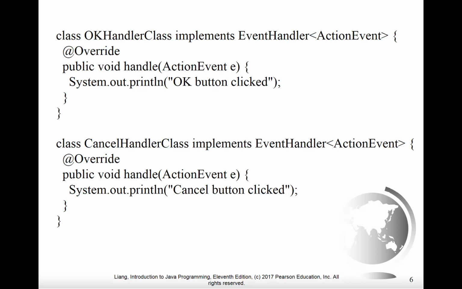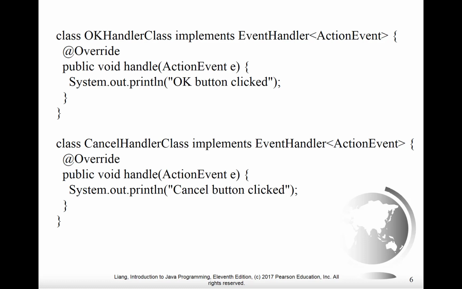There's an abstract function in EventHandler that we now have to override called handle. And we do that in the next line of code, where we say public void handle(ActionEvent e). So e represents the event that we're passed when this occurs. We don't do anything in particular with e in this case, but it still has to be there as a placeholder. Within the curly braces which follow, we show the code that we intend to execute every time that button is clicked.